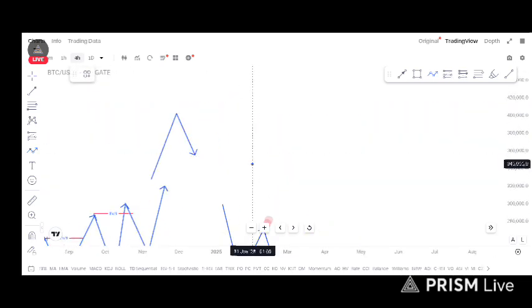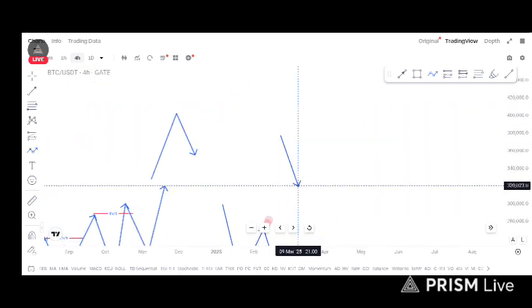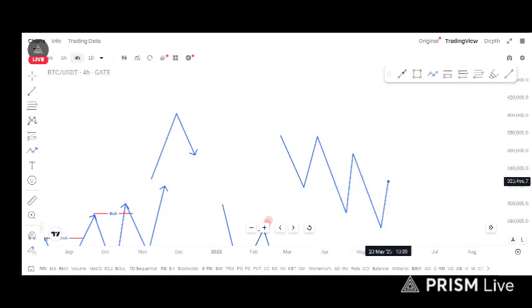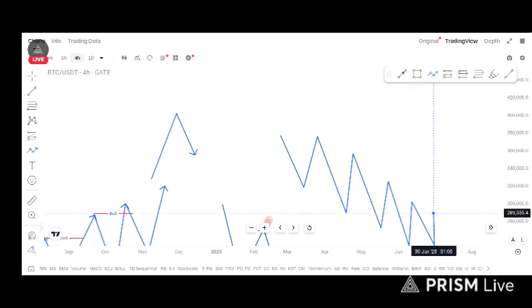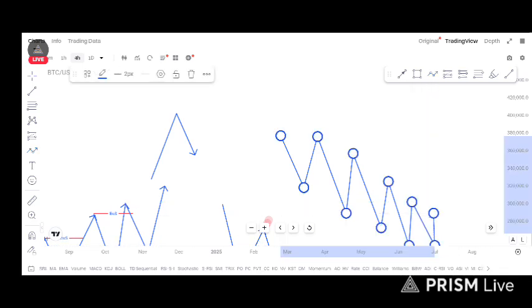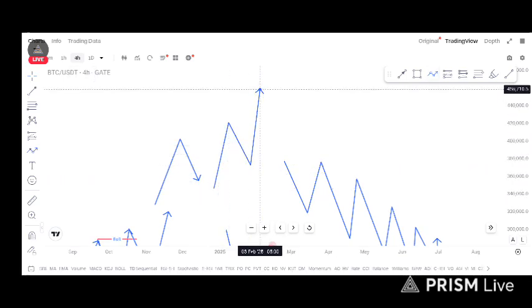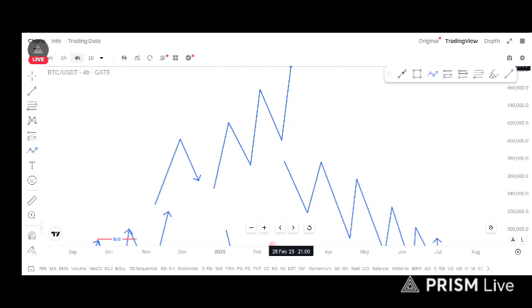In a downtrend, it is continuation, pullback, continuation, pullback, continuation, pullback. In an uptrend, it is also continuation, pullback, continuation, pullback.